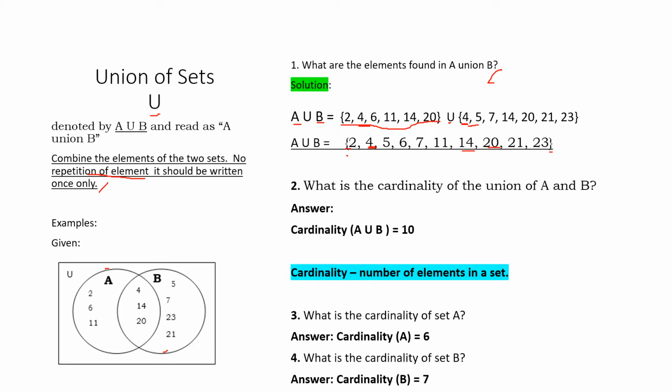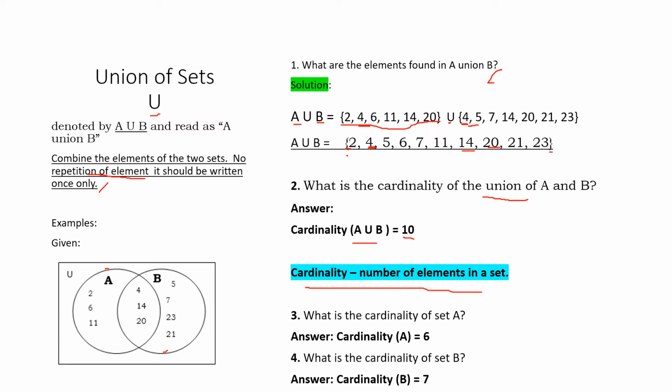Okay? Next, second question. What is the cardinality of the union of A and B? When we say cardinality, this is the definition of cardinality, number of elements in a set. This is our answer, cardinality of A union B. You are just going to count how many elements are there in your answer.